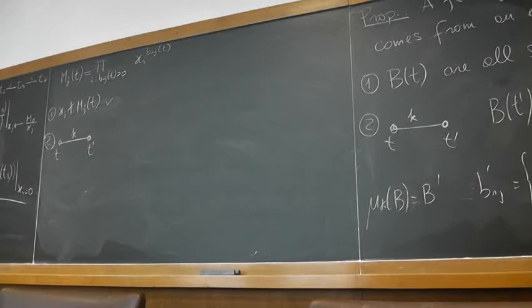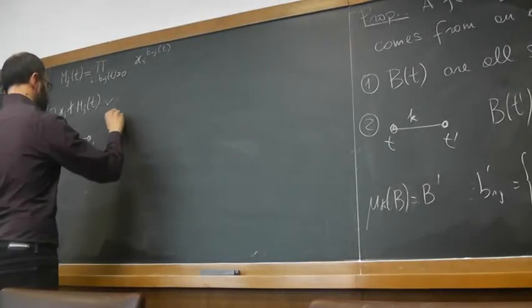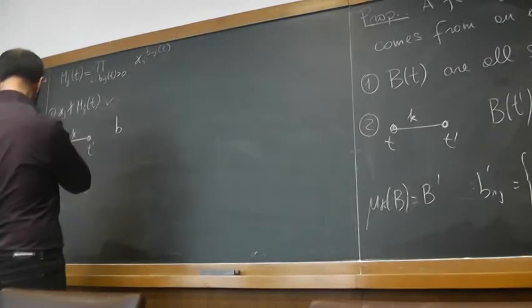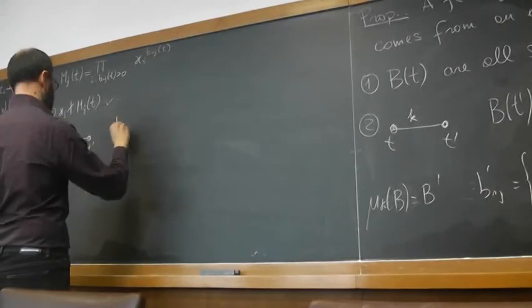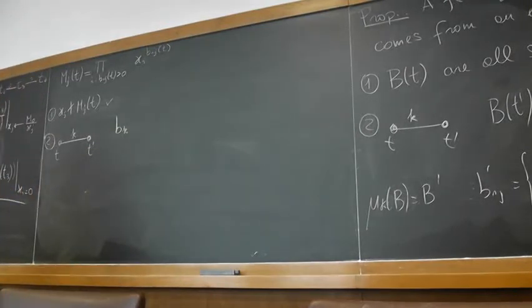Here we want to prove that x_j divides M_kt, and this is equivalent to b_jk. I'm mixing all these.